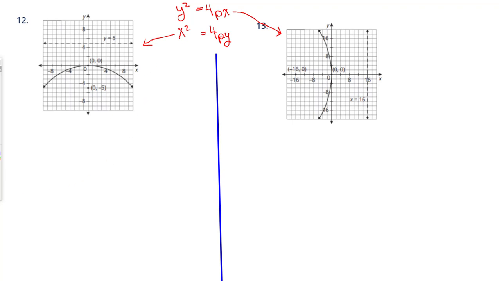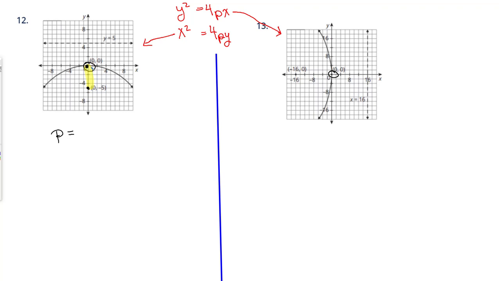Okay? So the things we need to be able to do this, these are all the ones that are centered at the origin. So that's the reason we're going to be using this format of the equation. And we need to know what P is. How do I find P? P is the distance from the vertex to the focus.